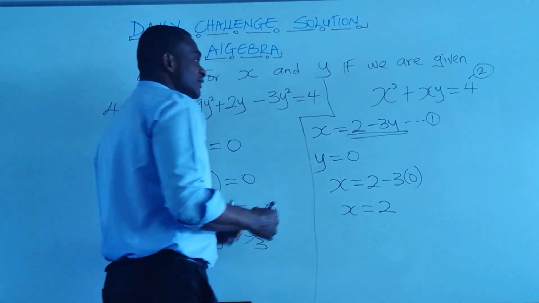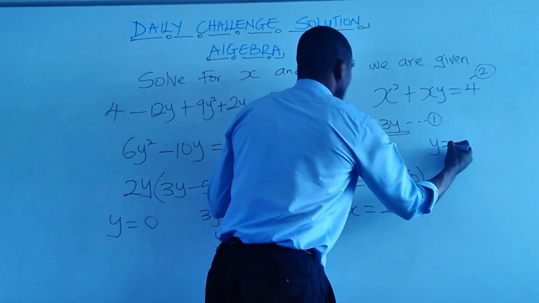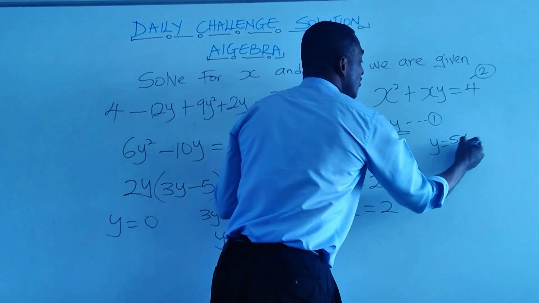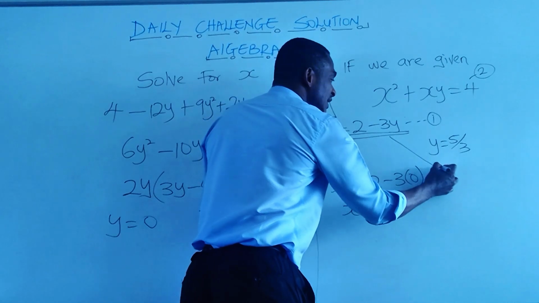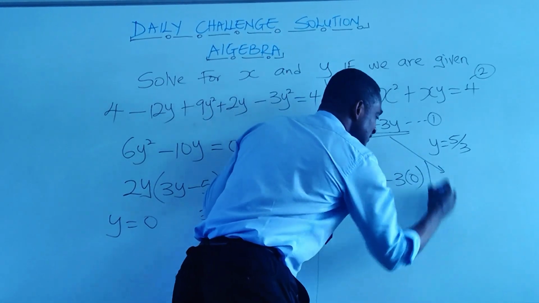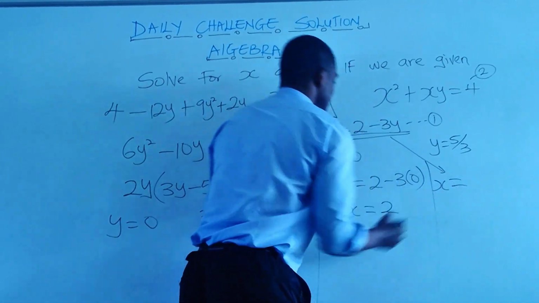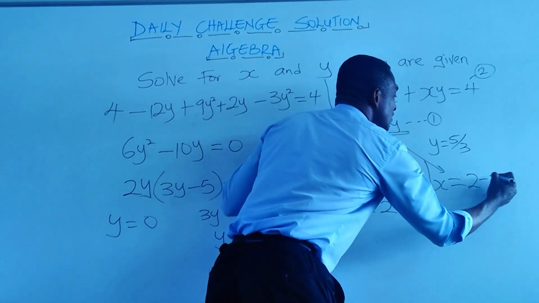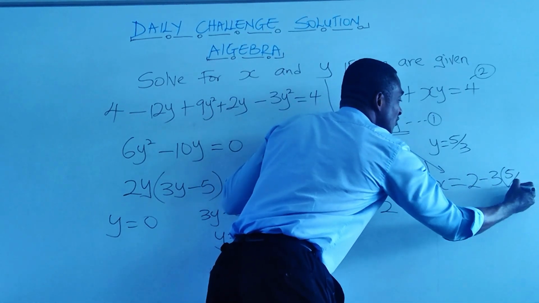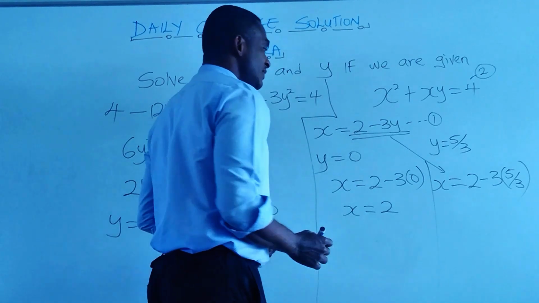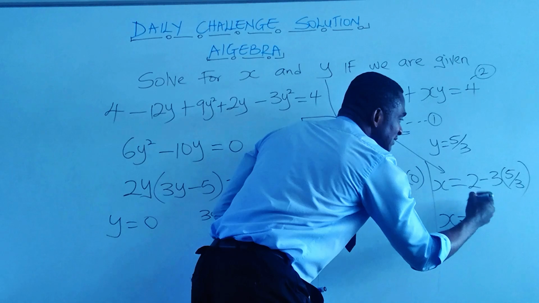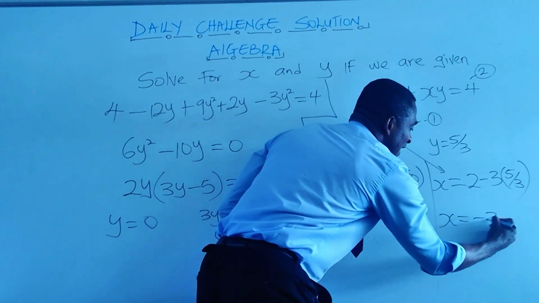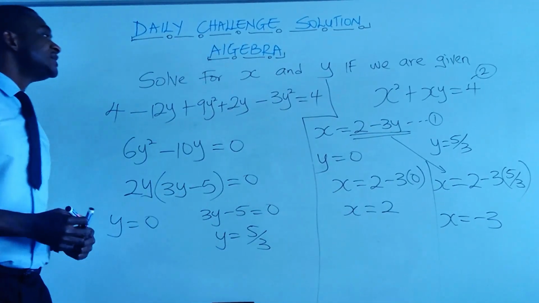Second one, when y equals 5 over 3, then based on this equation again, our x will be 2 minus 3 times 5 over 3. So finally x will be, 3 will cancel out 3, 2 minus 5 is minus 3. So these are the solutions.